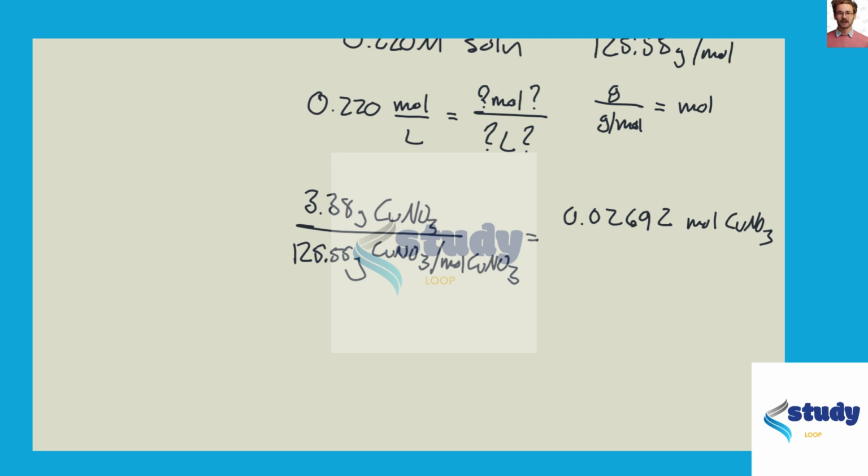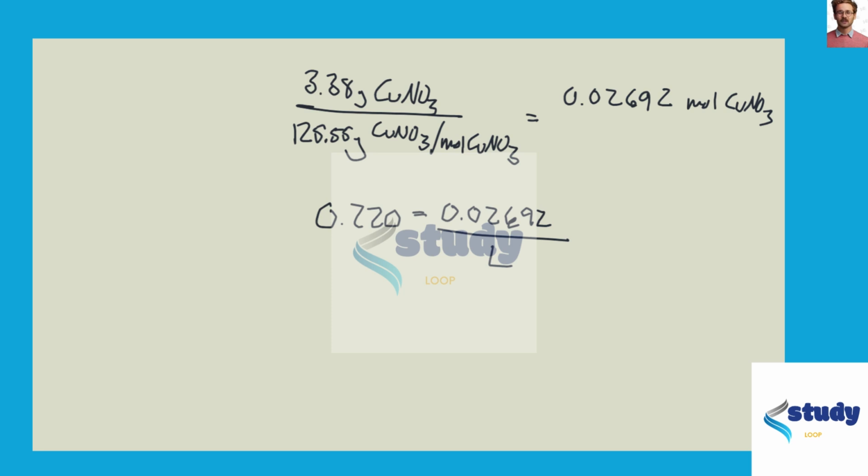So if we know that, and we know that our molarity is moles per liter, right? Then at this point, we're saying we know that 0.220 is equal to 0.02692 divided by some number of liters, right?